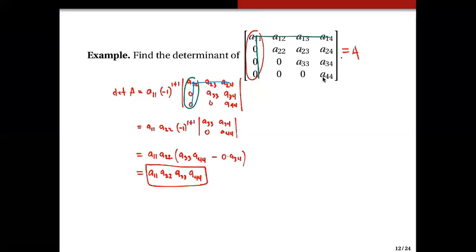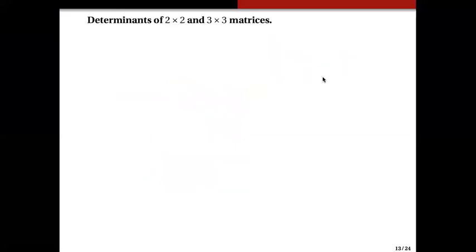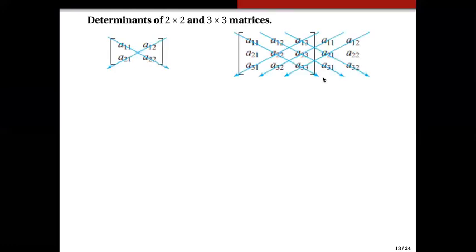Okay, now we have determinants of 2 by 2 and 3 by 3 matrices. We have a formula for the determinant of 2 by 2 matrices, so in here we will have another formula, this time for the determinant of 3 by 3 matrices. Here we have the following. For the 2 by 2 matrices, we have an arrow going down here and another arrow going down here.